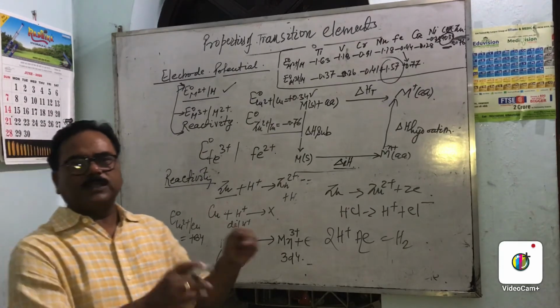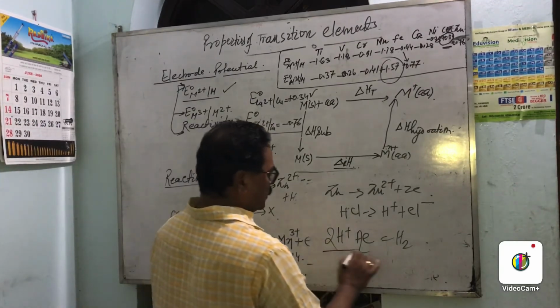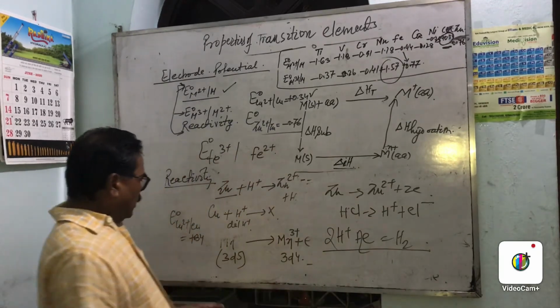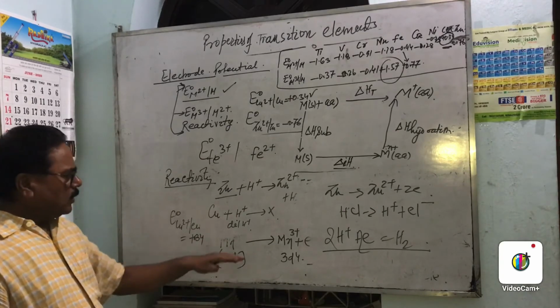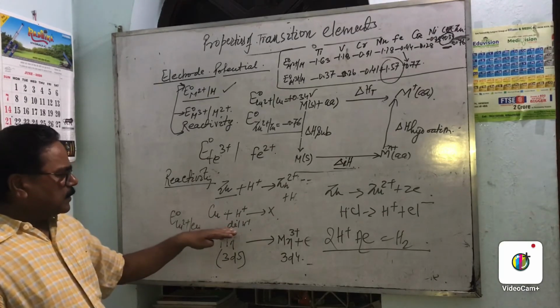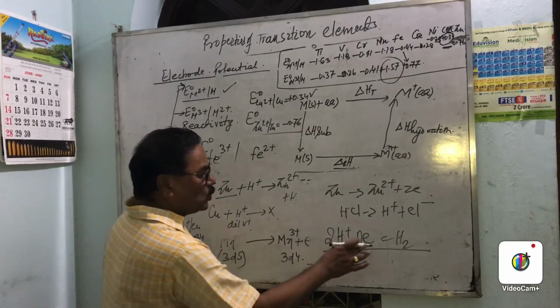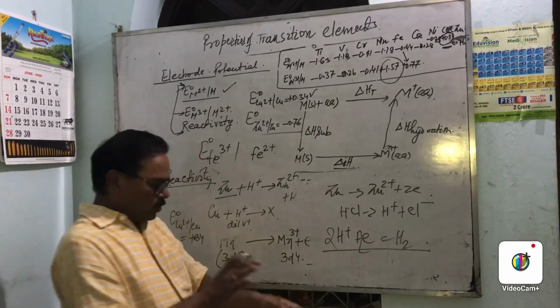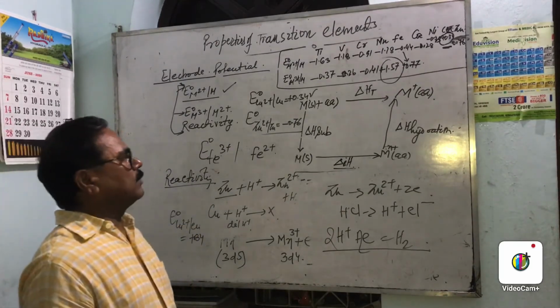This is called an oxidizing agent, right? So this depends upon the reactivity. Now copper has this positive value, so it will not react with dilute acid because it has no tendency to lose electrons, although it reacts with concentrated acid. This is one of the reasons.